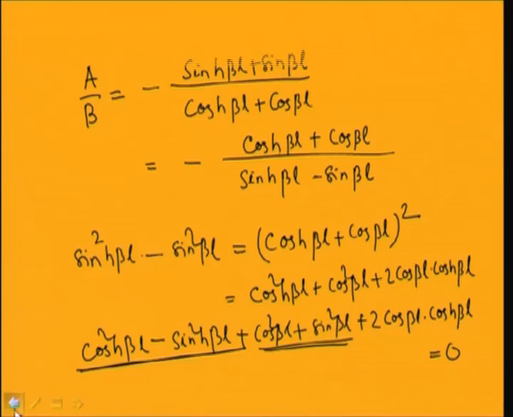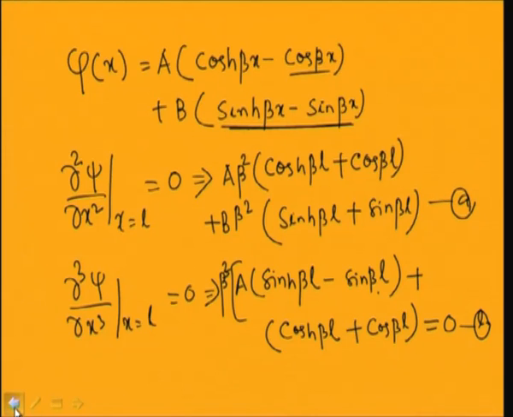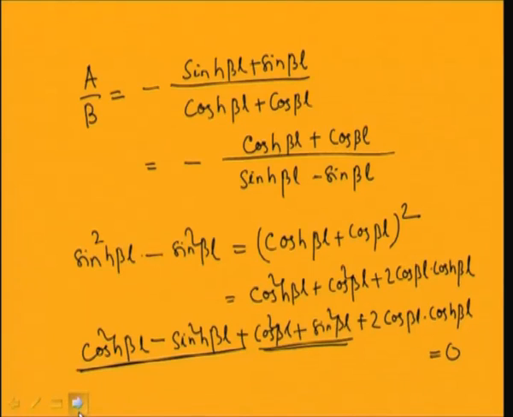Already we have retained the mode shape in this form: psi x equal to a into (cosh beta x minus cos beta x) plus b into (sinh beta x minus sin beta x), and we have found the expression for a by b from these two boundary conditions. So, either we can write a by b equal to this or a by b equal to this term.